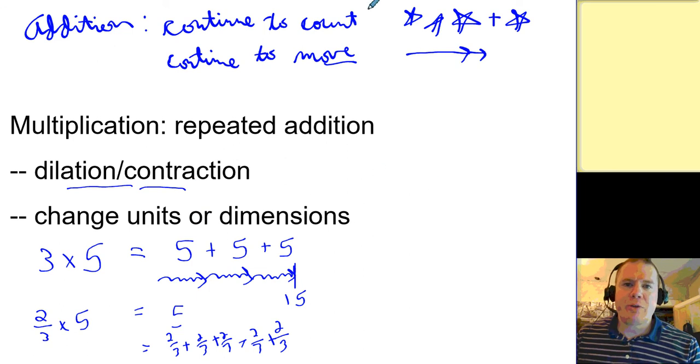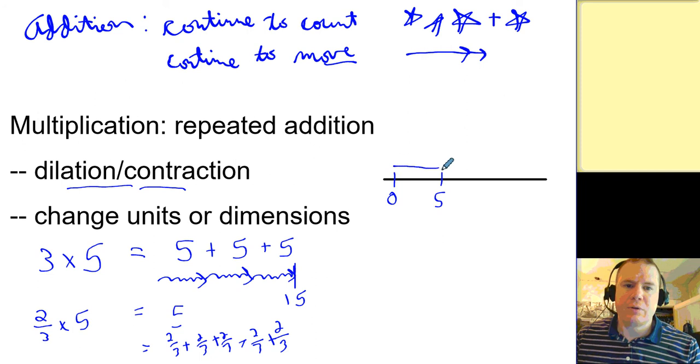If I'm looking at the number line, and I've got 5 on there, so here's 0, and here's 5. When I multiply that by 3, I'm making it 3 times bigger.